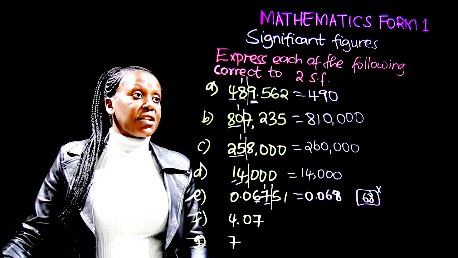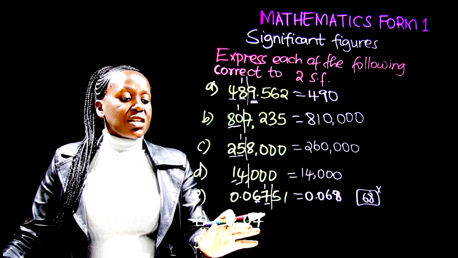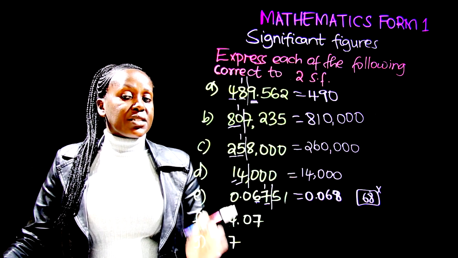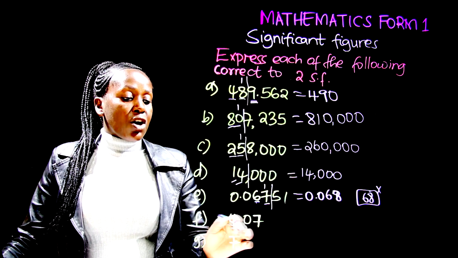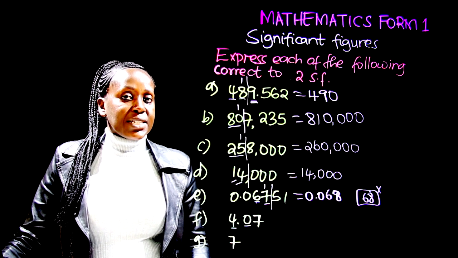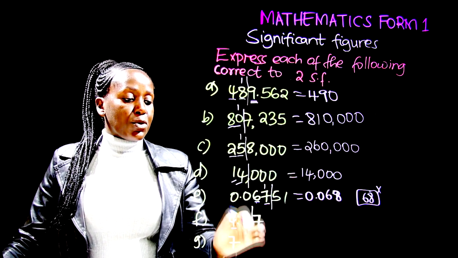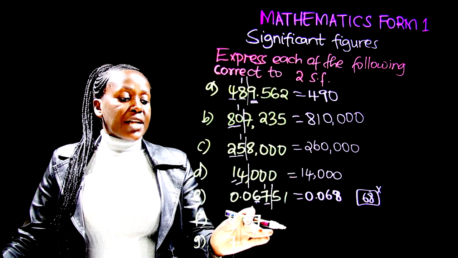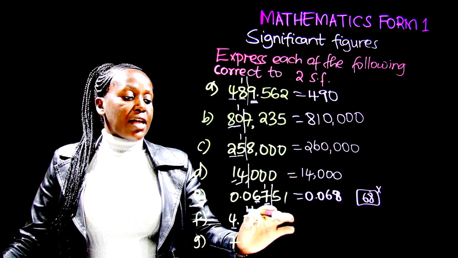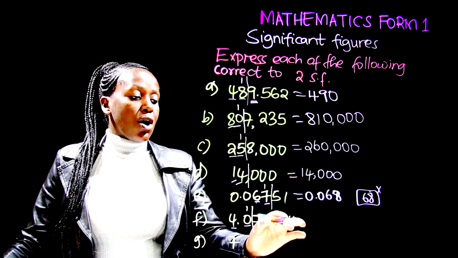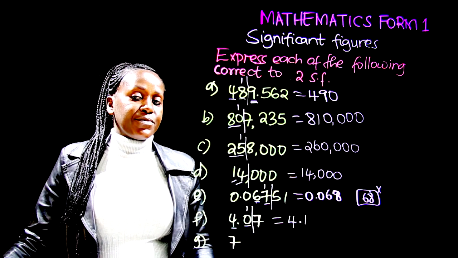4.07 to two significant figures. So this 0 is between 2 non-zero digits. It is significant. So when we start counting from 4, this will be our second significant figure. So we put a slash there. Looking at this 7, it's greater than 5. So we add 1 here, and this will be equal to 4.1.